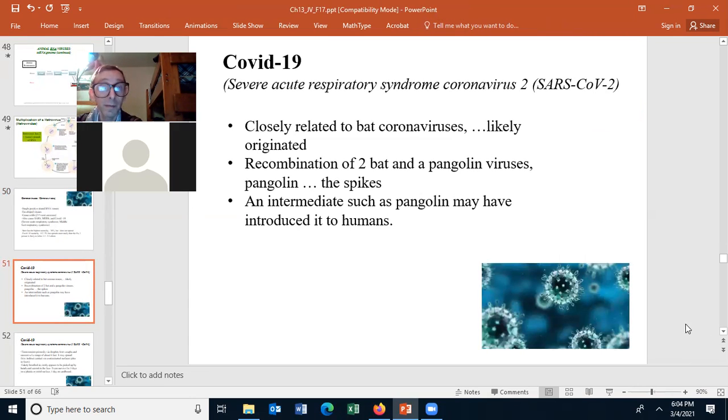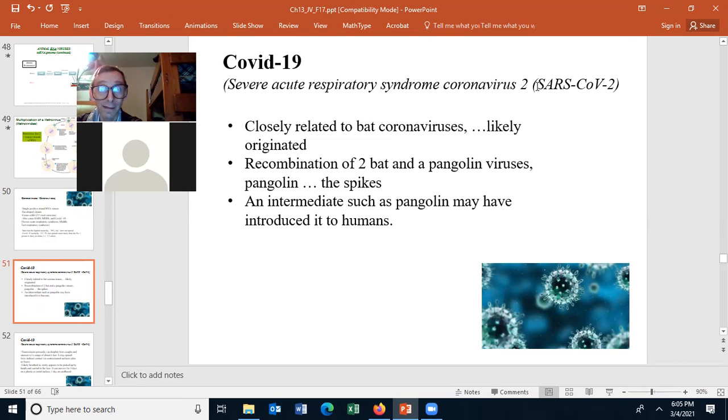All right, let's talk a little bit more about COVID-19. Its strict scientific name is severe acute respiratory syndrome coronavirus 2, and the abbreviation for that is SARS-CoV-2.